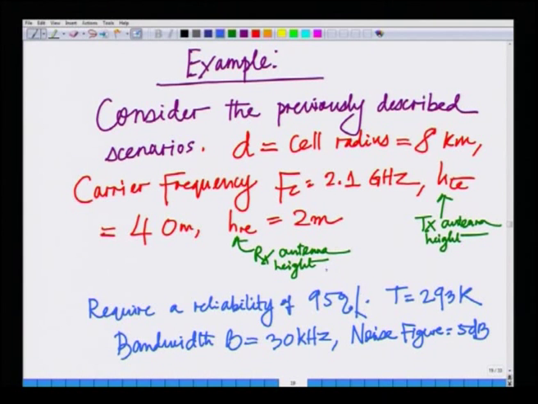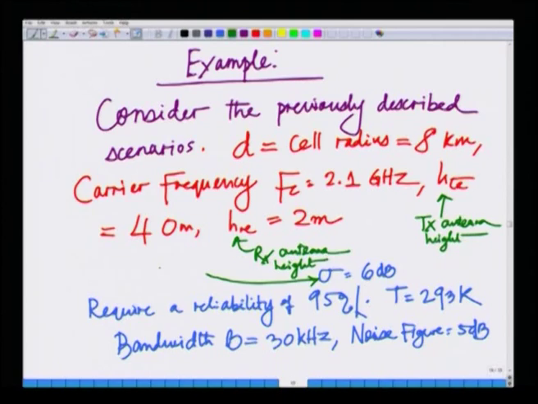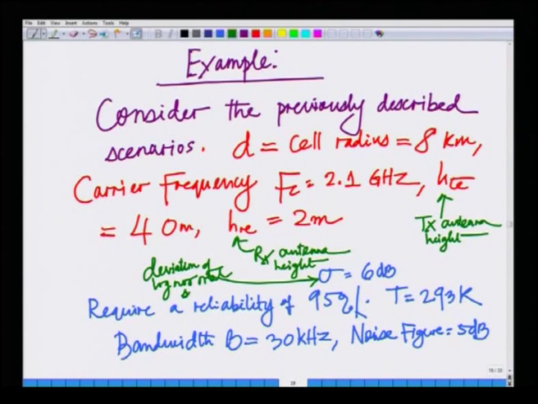Sigma is not the variance, but the deviation of the log normal shadowing. This is all that we have considered in the previous examples.